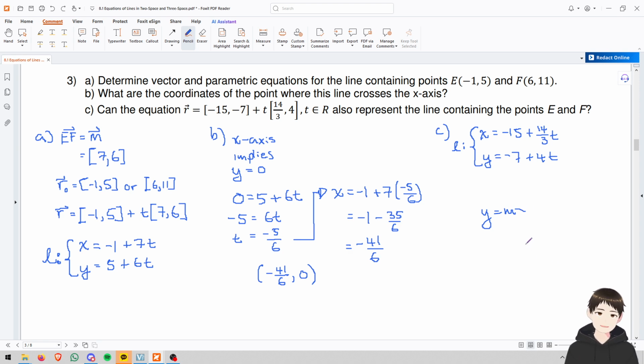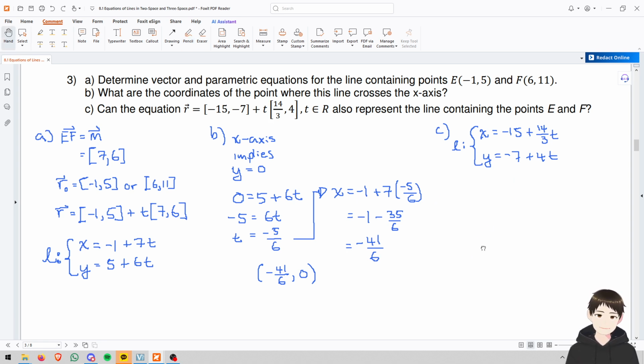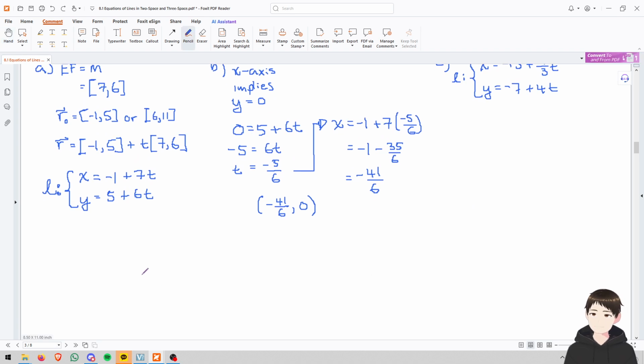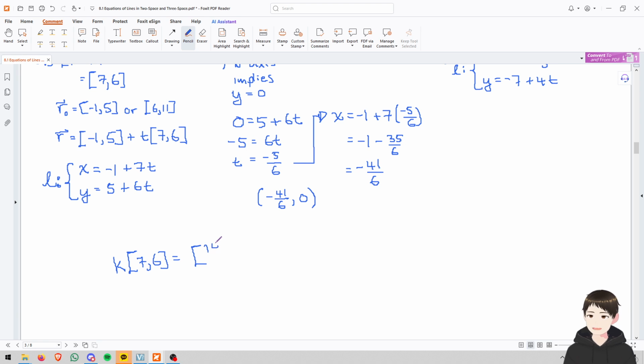So in this case, you could investigate: does this direction vector and this direction vector operate the same way? Does it go in the same direction? Off on the side, you don't have to do it this way: is the direction vector 7, 6 a scalar multiple of my new equation's direction vector, 14 over 3 comma 4?